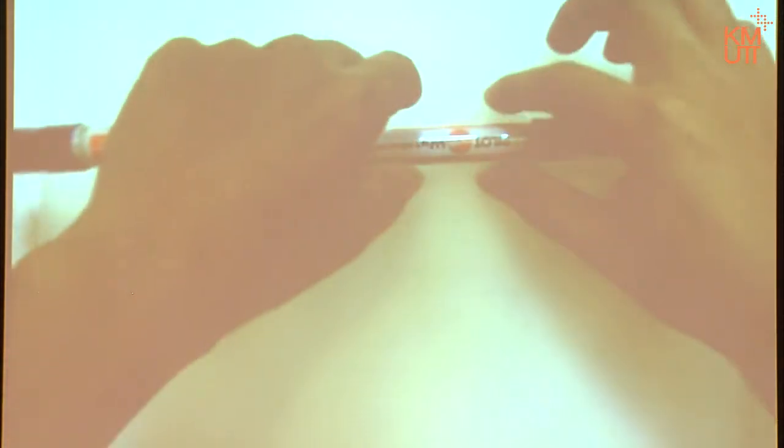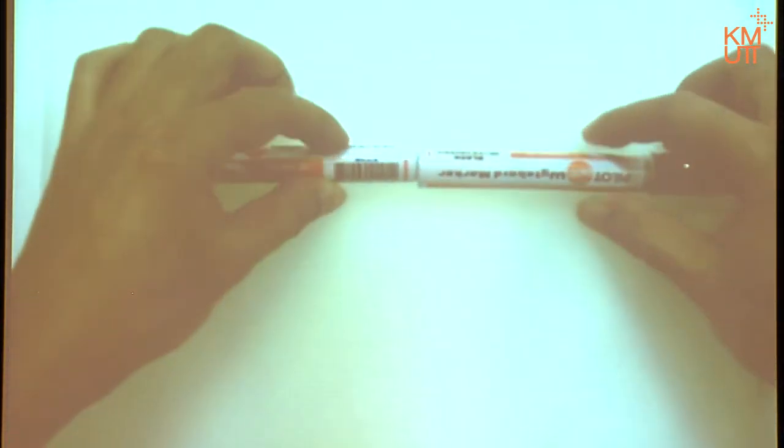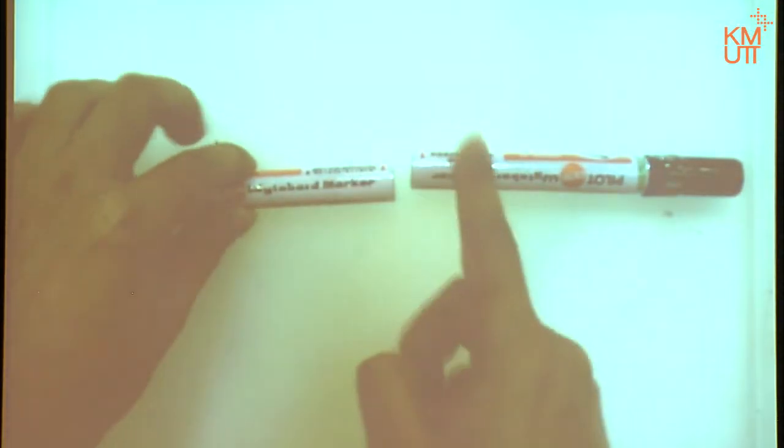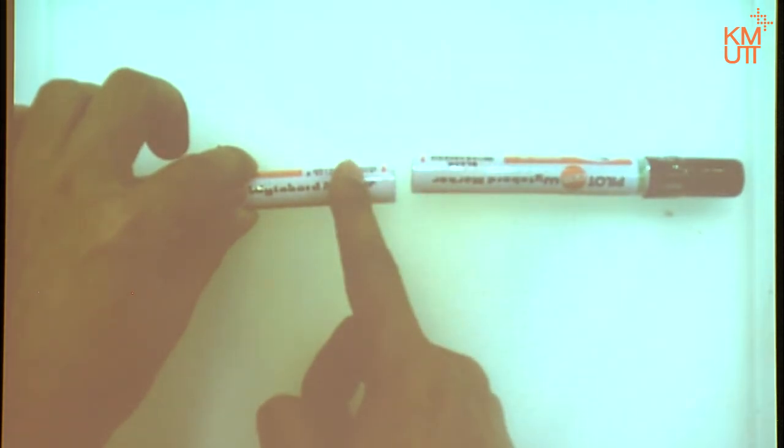This is the reason why, looking at this point, if I try to pull the point apart, I cannot, compared to if we only touch. If I want to pull it out this way, it can separate. What is different is that this part doesn't pull this part, and this part doesn't pull this part either. Therefore, I can just separate them.